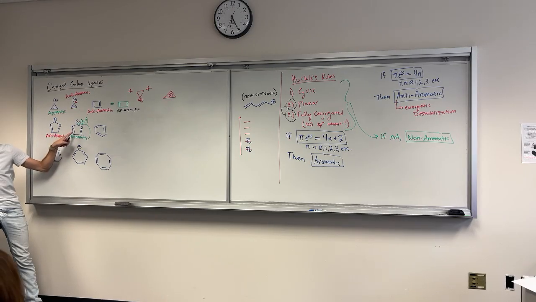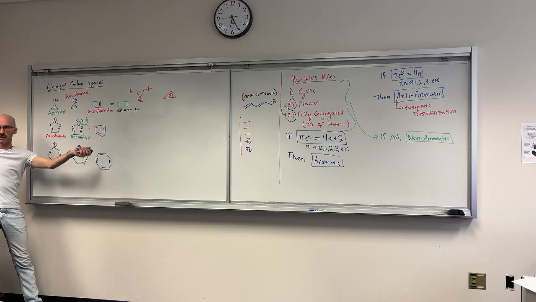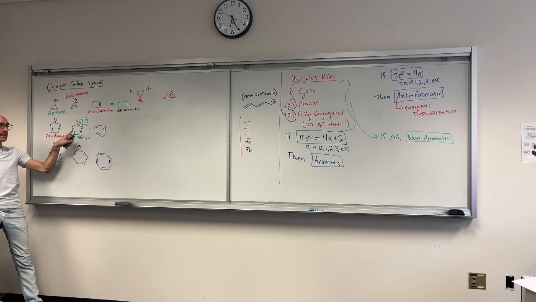Do you see it? No? Typically, this lone pair on a carbon wants to be sp3 to minimize its repulsion and to become more stable. But being sp3 would mean that this compound is non-aromatic.